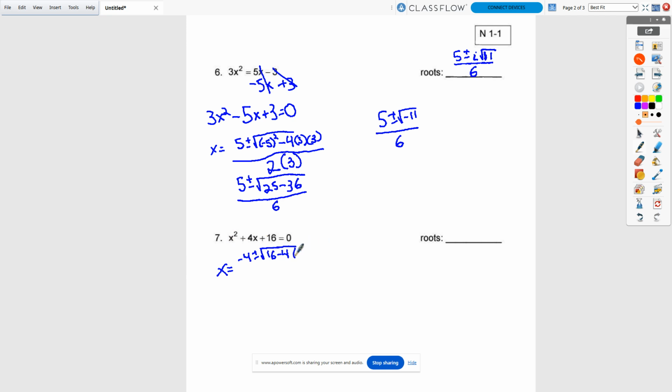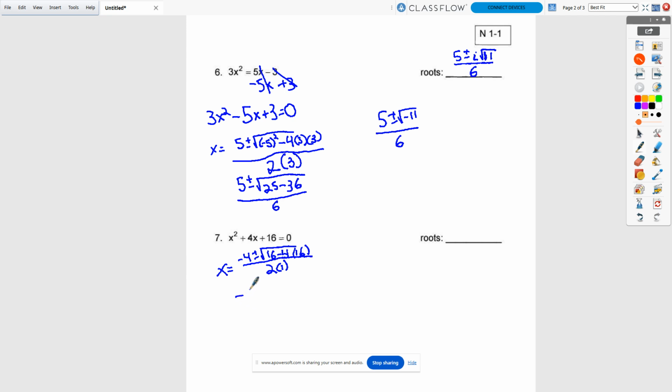So we'll just say 4 times 16, and then over 2 times a, which is just 1. Then we just need 16 times 4, so that would give me 64.